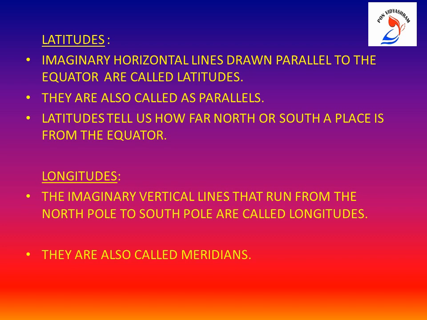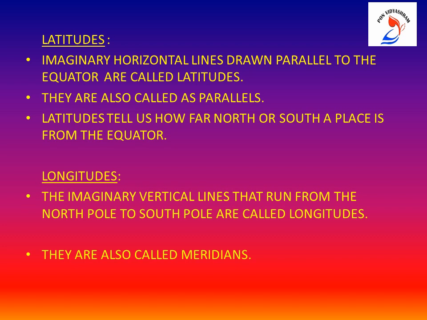Latitudes, imaginary horizontal lines drawn parallel to the equator, are also called parallels. Now children, what do you mean by the word parallels? It means the lines which do not meet each other at any point. Latitude tells us how far north or south a place is from the equator.